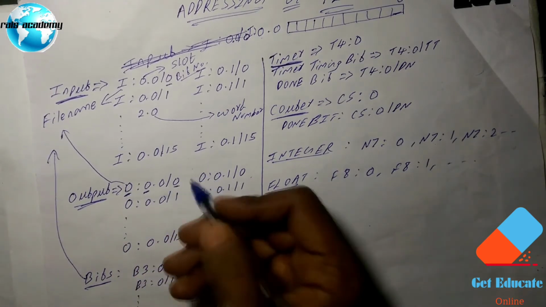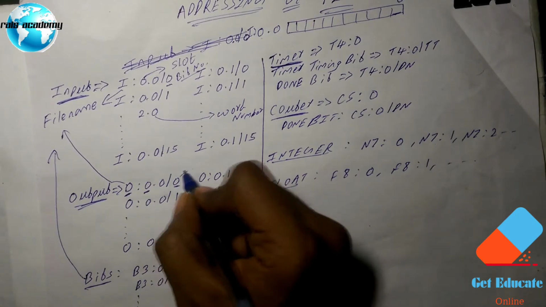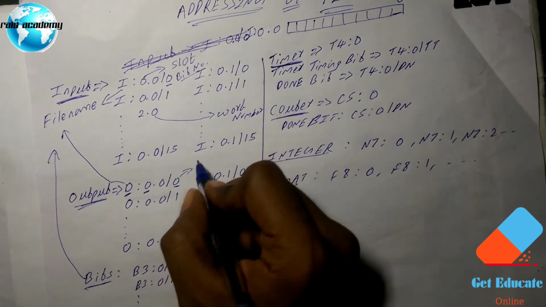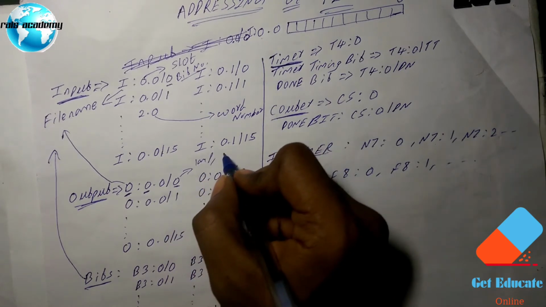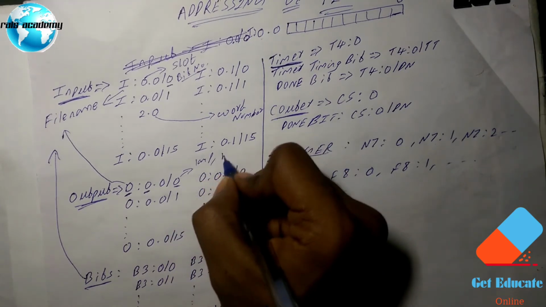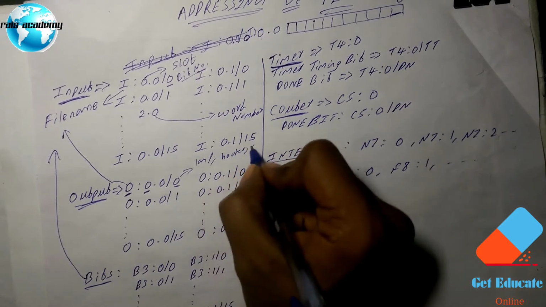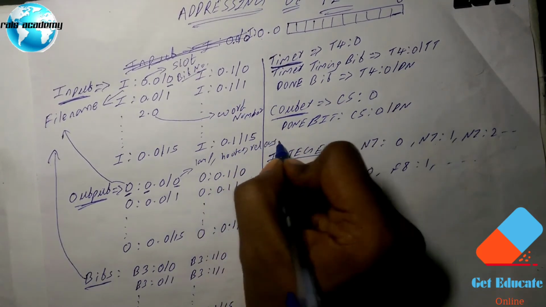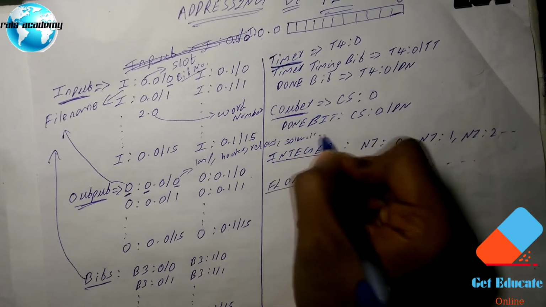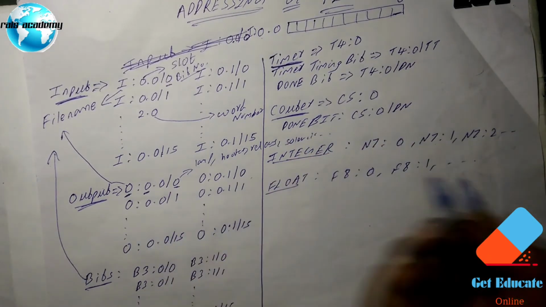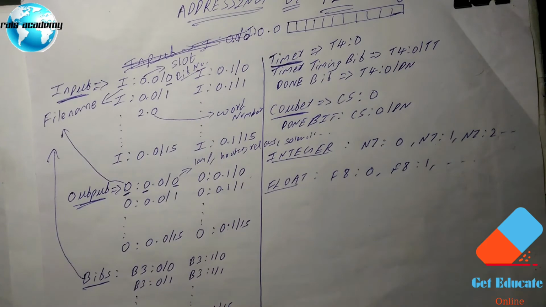For a bit signal, that is a lamp, a buzzer, a relay, a solenoid valve, etc., just a bit output.